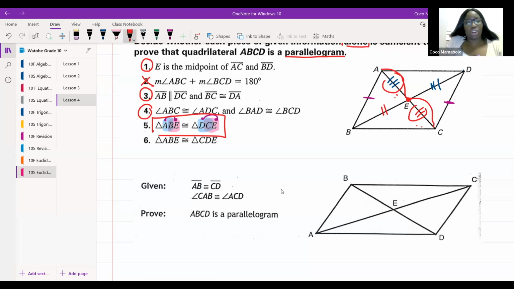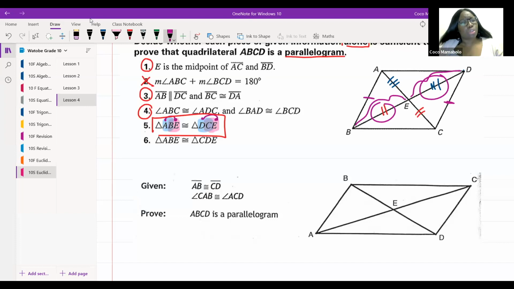So no, they're not. That's okay, Chimweme. We're learning. Same with this side. Look, BE is supposed to be equal to ED, but this one has 2 lines and this one has 3 lines. So this proves to us that there are 2 triangles that are congruent. But are these 2 triangles going to prove to us that this is a parallelogram? Is that going to help us?